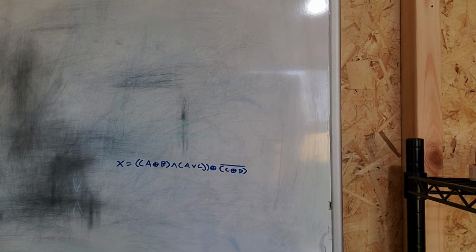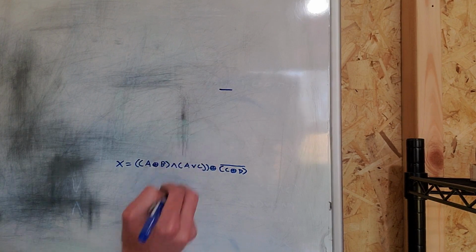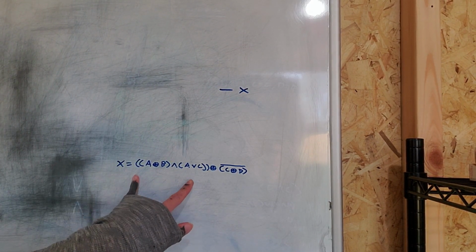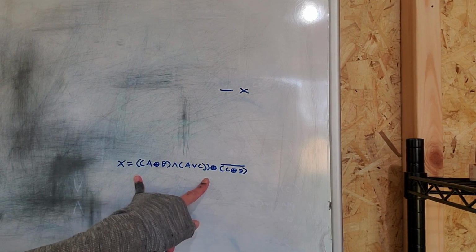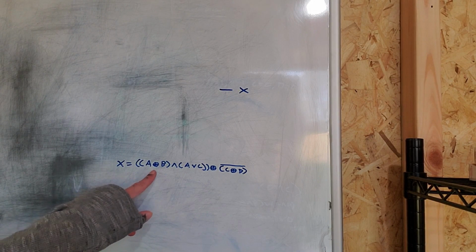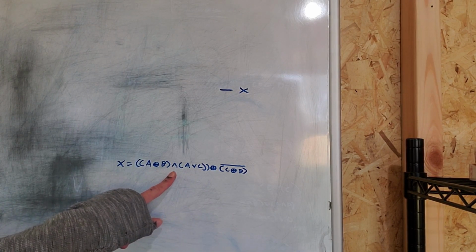Let's start off with X. And let's look at this double parentheses section here. This is going to be a combination of two gates. You have A XOR B and A or C, but these are compared using AND.